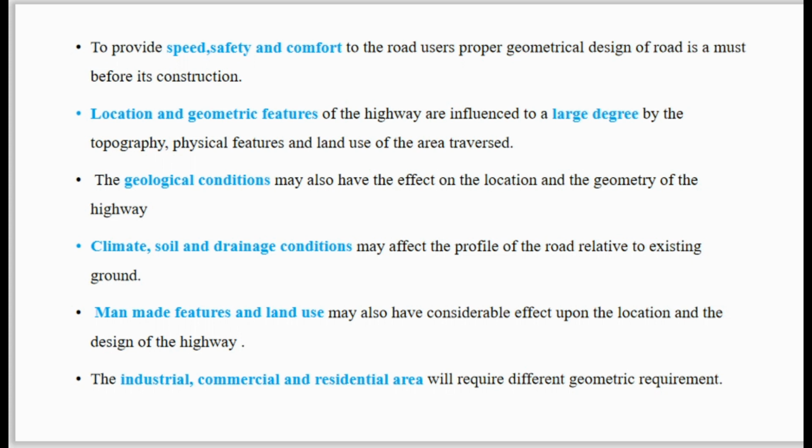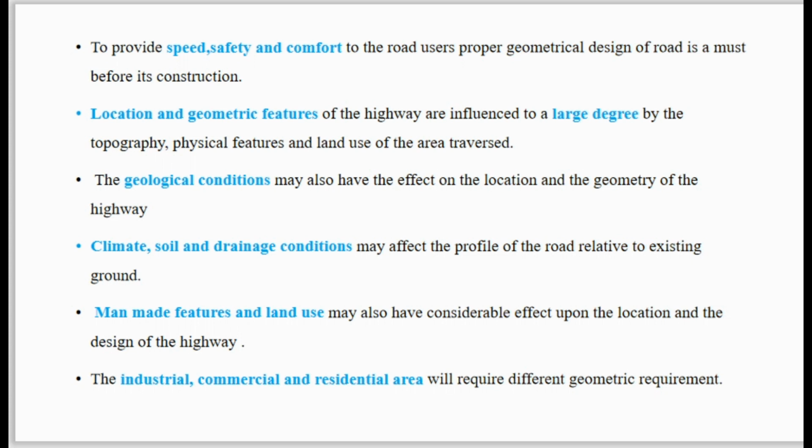The climate, soil, and drainage also affect the profile of the road, which is related to the existing ground, as it may directly affect the provision of the drainage works, then the percolation of the water through the soil, and the soil strata available, in order to decide the type of road.